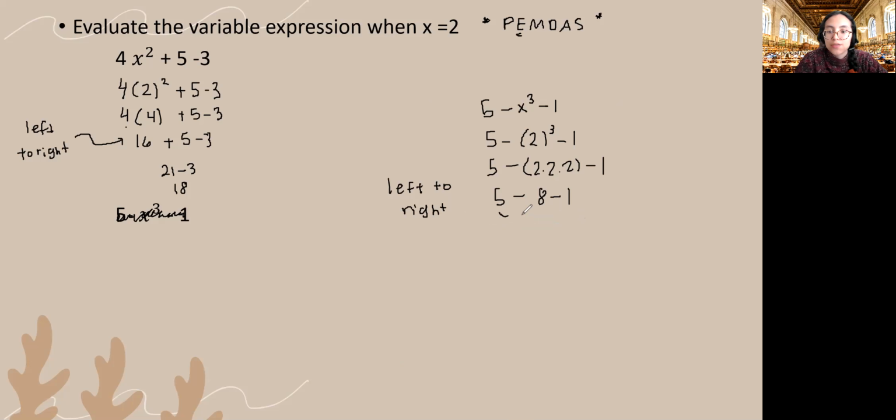So 5 minus 8 is going to give us -3. Going to bring down our -1. -3 minus 1 is going to give us -4.